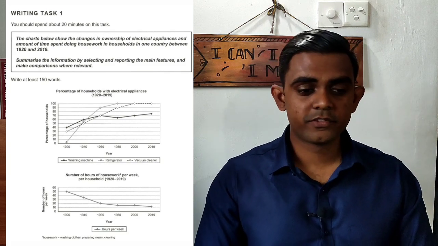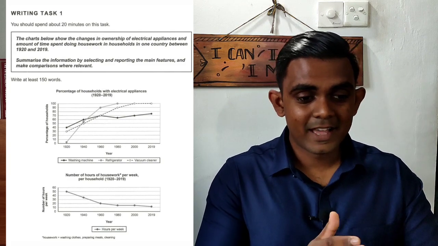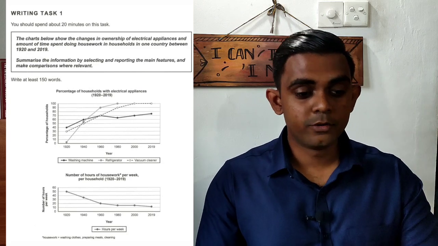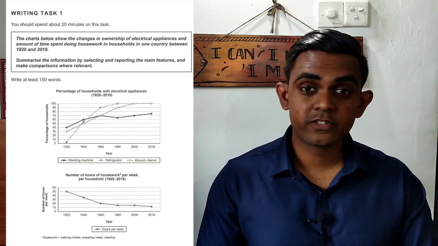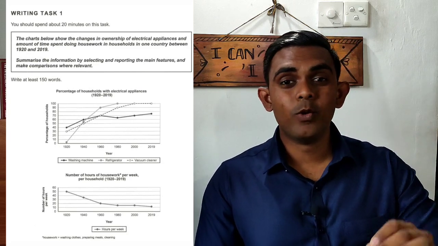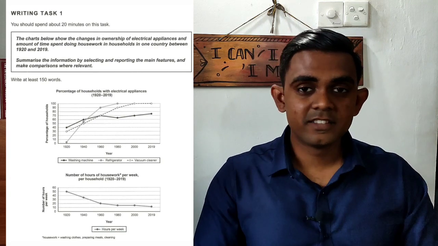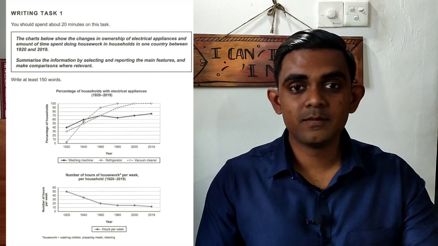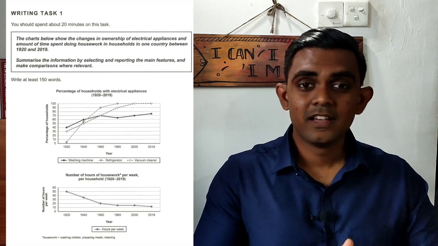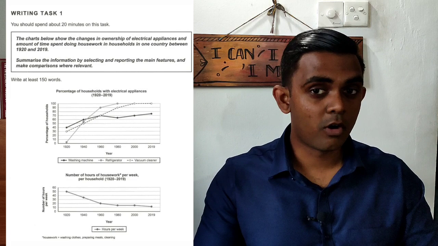Now, if you take a look at this graph, I already told you that in the introduction, they don't have the names of the electrical appliances. So when we are writing our introduction, in the example, I have written the names of the electrical appliances, but if you don't want to write this, you can omit it.